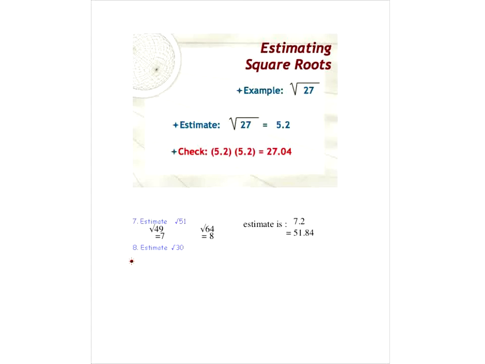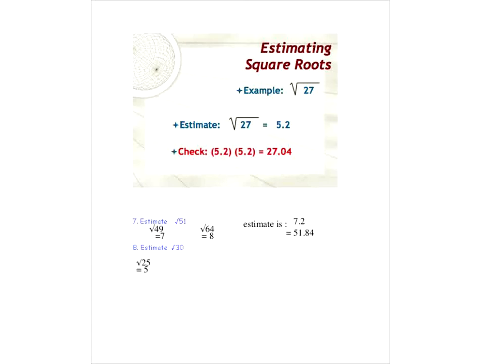Okay, 29. So is 29 a perfect square? Can we multiply a number times a number to get 29? It'd be 25, right? Okay. So the next perfect square is going to be 25, the next one below. So the square root of 25 equals 5, right?